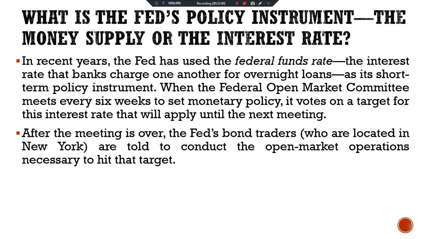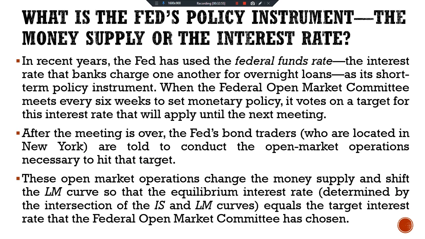After the meeting is over, the Fed's bond traders, who are located in New York, are told to conduct the open market operations necessary to hit that target. These open market operations change the money supply and shift the LM curve so that the equilibrium interest rate determined by the intersection of the IS and LM curves equals the target interest rate that the Federal Open Market Committee has chosen.